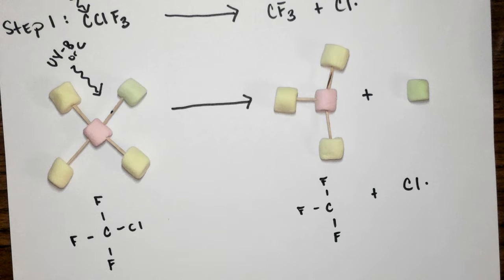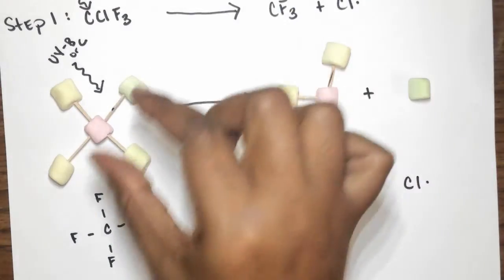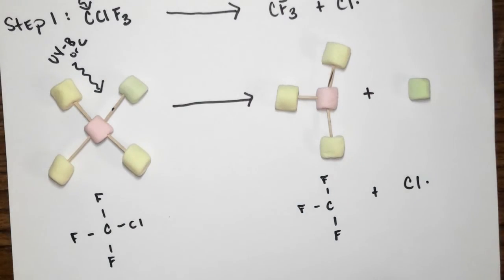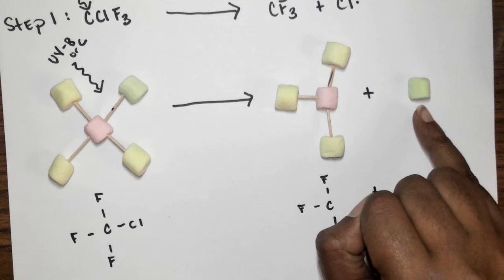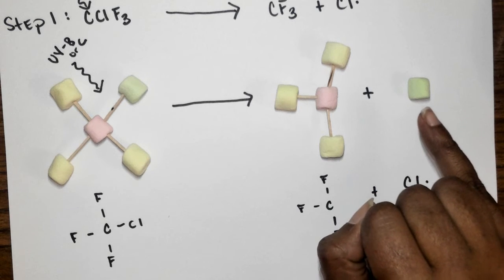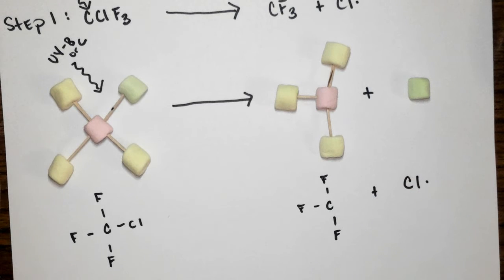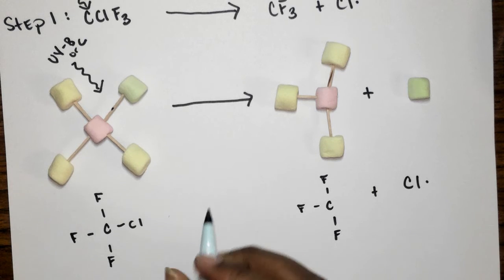Alright, so this is my chlorine, and it's detached from the chlorofluorocarbon, right? The sun has detached it, has broken it off. And so now this chlorine, which is very, very reactive, is now able to go out and attach to something else. Okay, so let me write this in words so you know what to put.